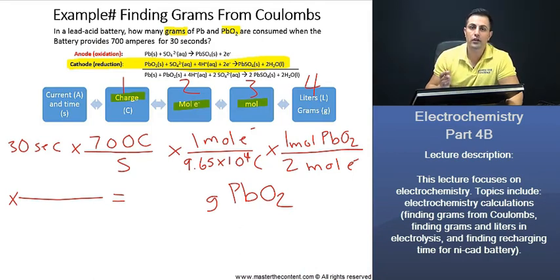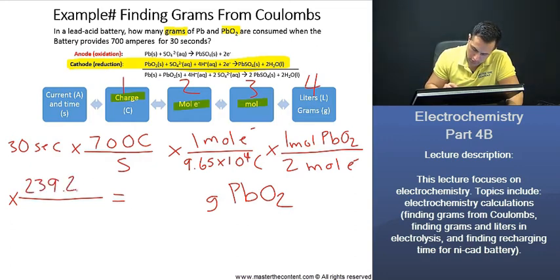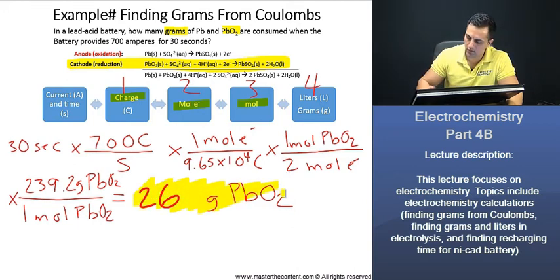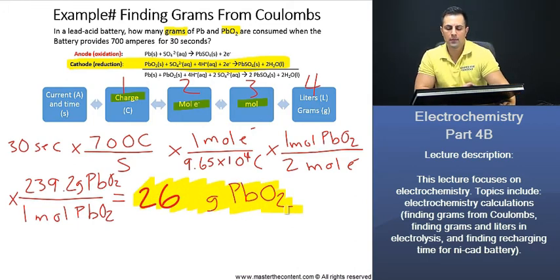If you check it out on the periodic table, you'll find that it is 239.2 grams per mole of lead oxide. Wonderful. And when we go ahead and equate this, we're going to end up with 26 grams of lead oxide.